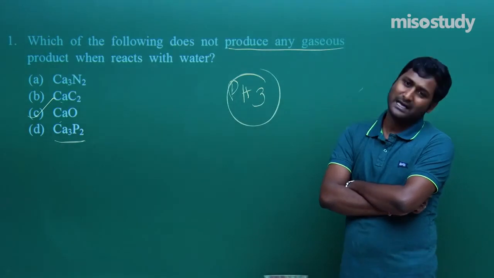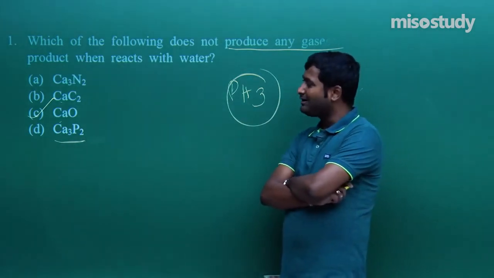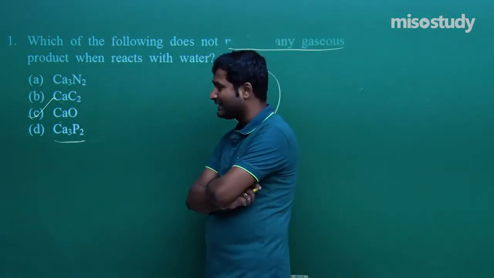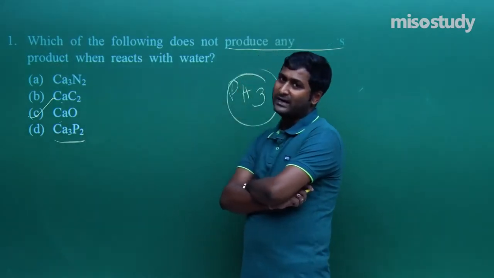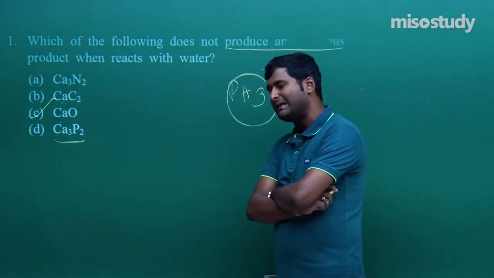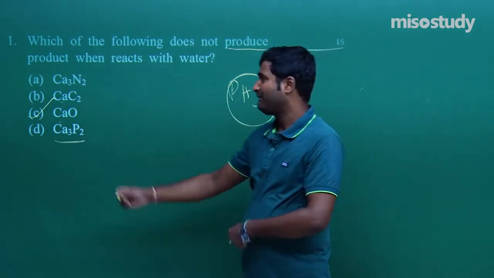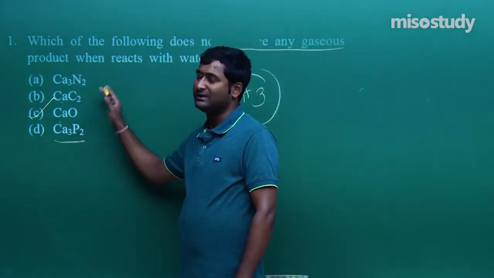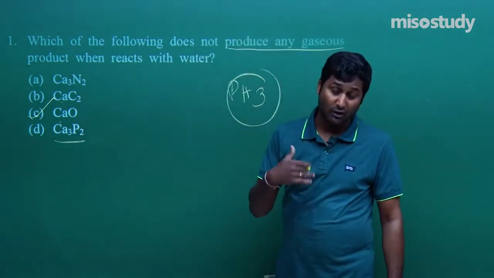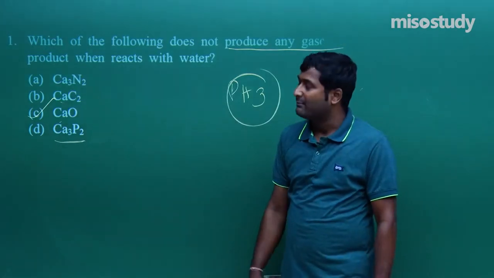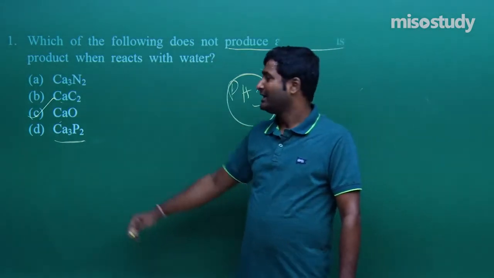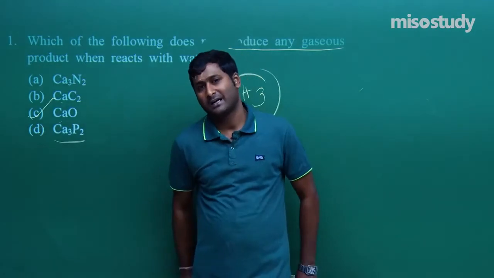That is PH3. So in all four cases, the third one is the case where only slaked lime is formed. But in the others there is also a byproduct, a gas formed. So as per the question, option C is the correct option.